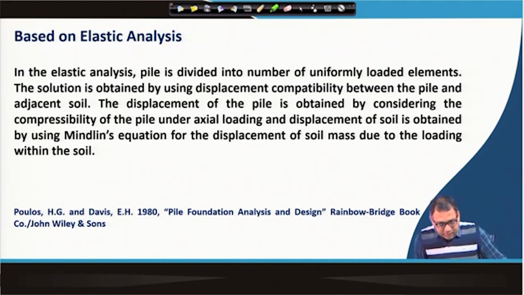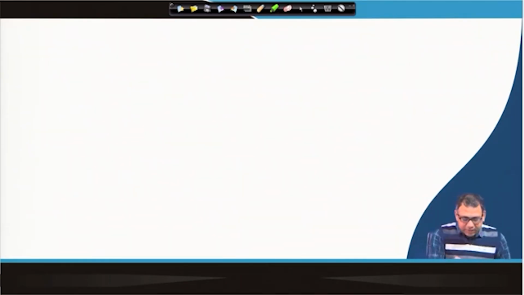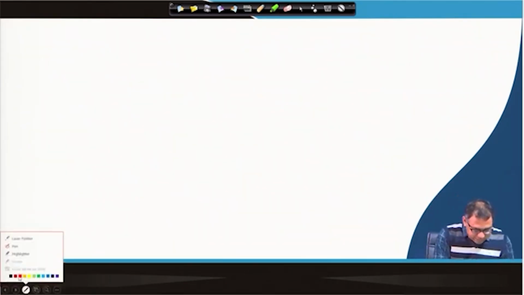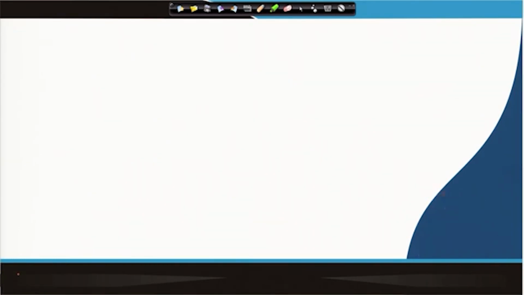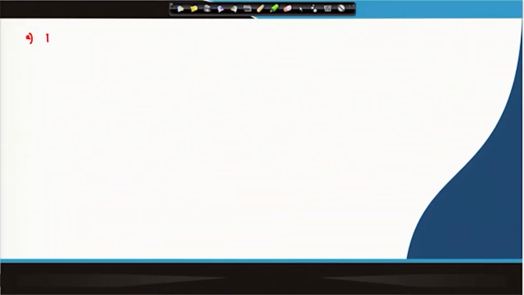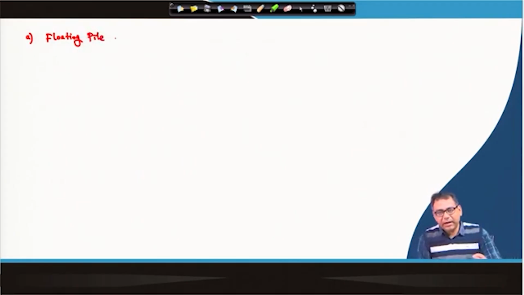So, in this method we can determine how much load is transferred to the pile tip when we apply a load on the pile top. That expression is given for a floating pile. Floating pile means the pile is not resting on a rigid stratum, it is in uniform soil.